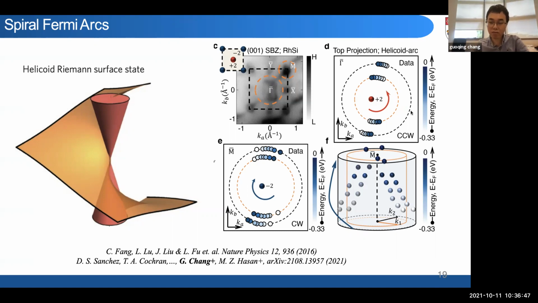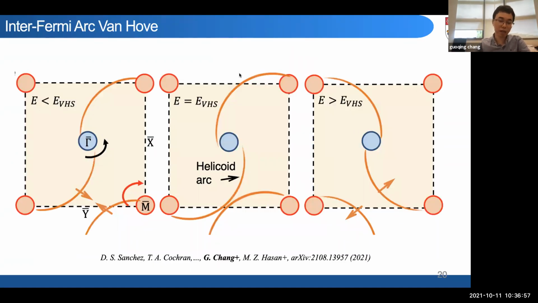This rotating structure can induce many very interesting states, which I define as Fermi arc Van Hove singularities. So let's look at the mechanism. We start from this cartoon here. We have the Fermi arcs connecting gamma and the corner.